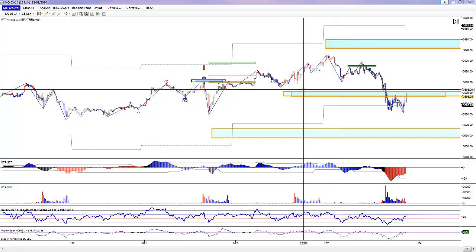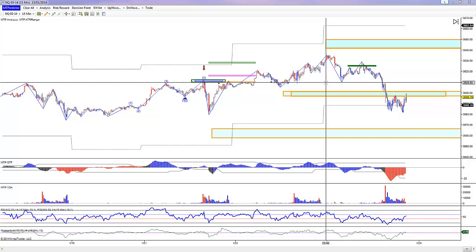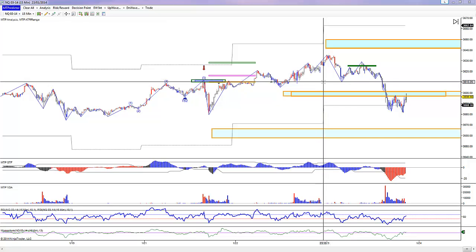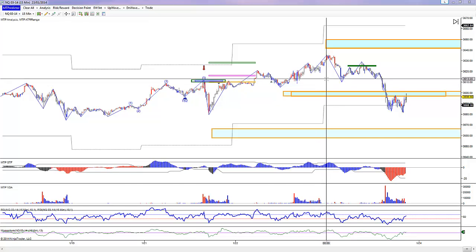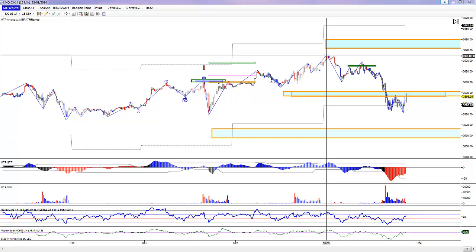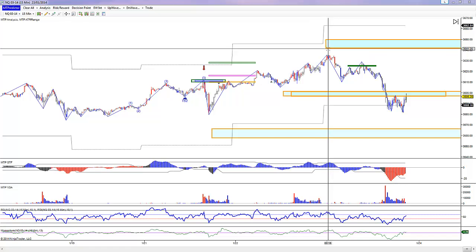So moving on from that and moving up to the 23rd of January, you can see the price has made some further progress to the upside and is falling just short here of the 60-minute DP zone again.